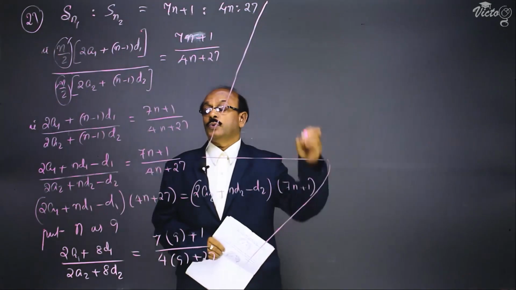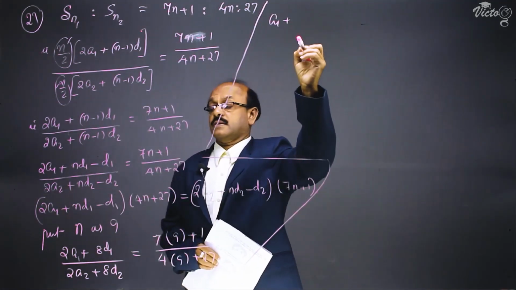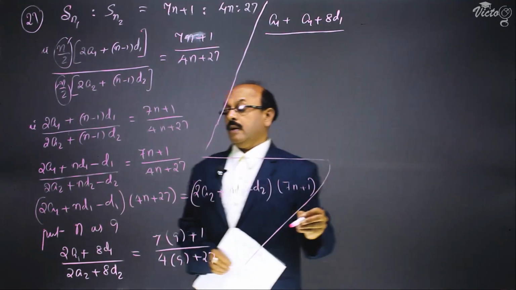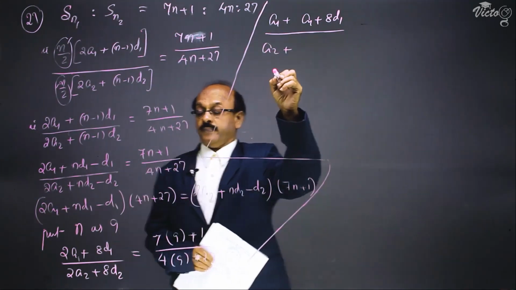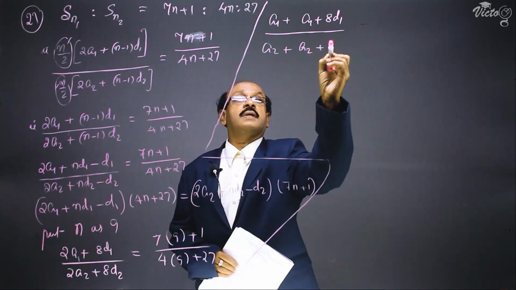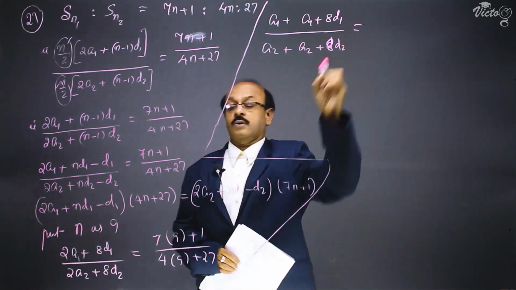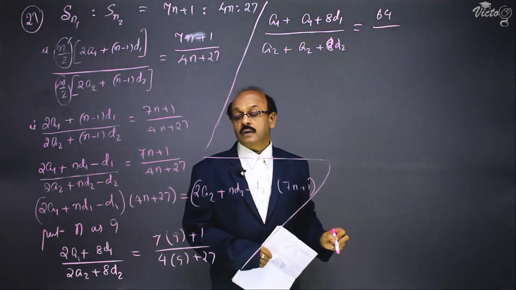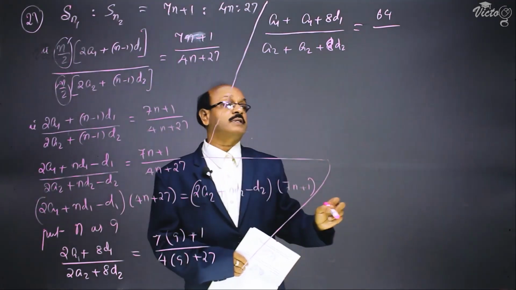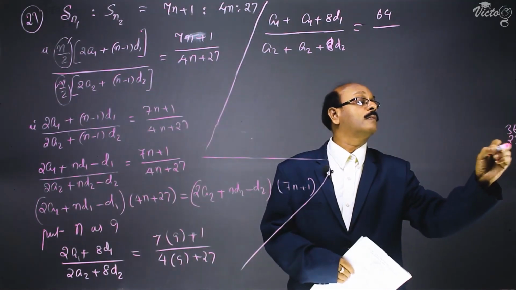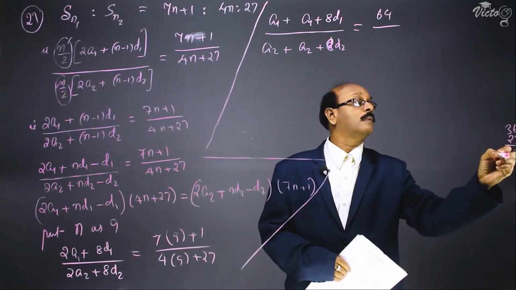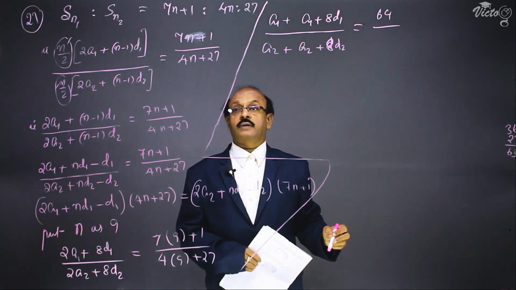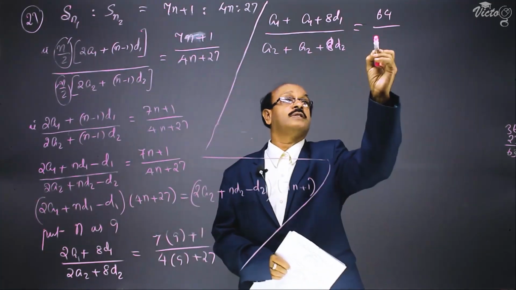So, 2a1, that is a1, plus 8d1 divided by 2a2, that is a2, plus 8d2, which is equal to 63 plus 1, 64, divided by 4 into 9, 36 plus 27, which is equal to 63.